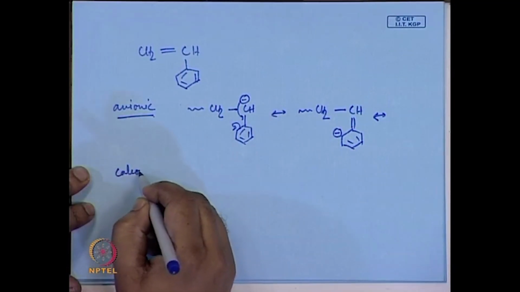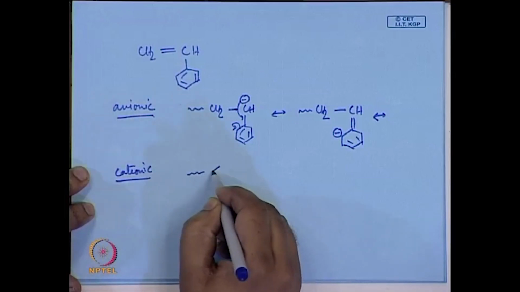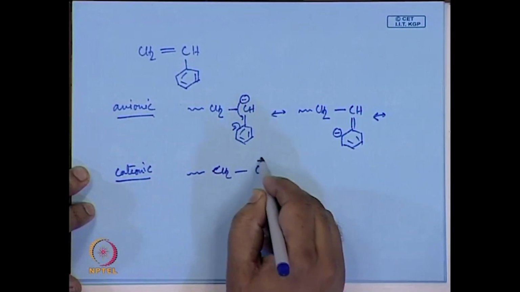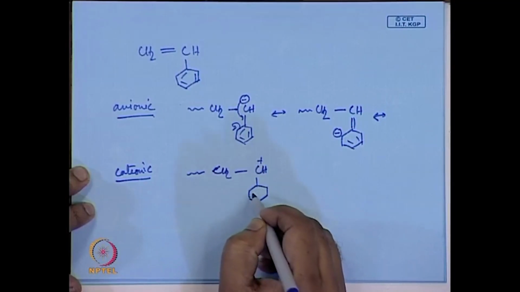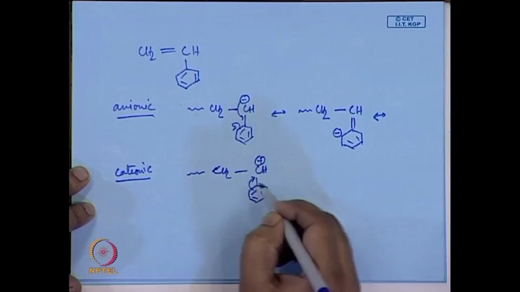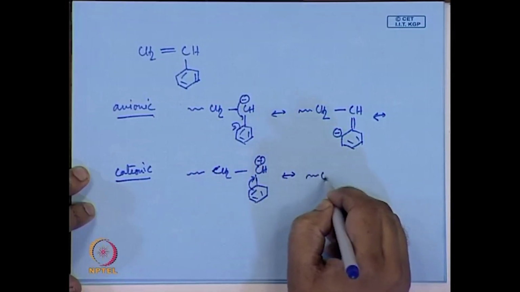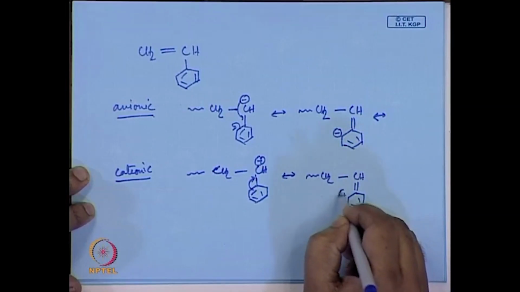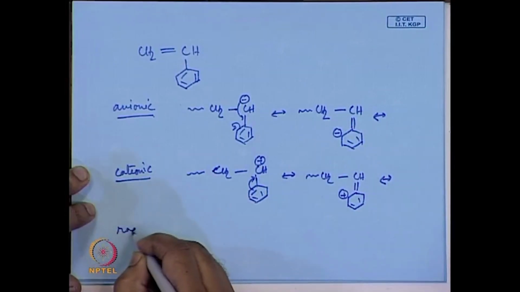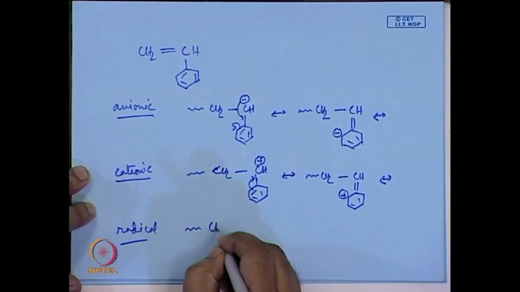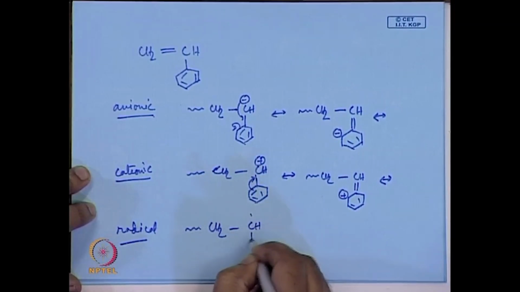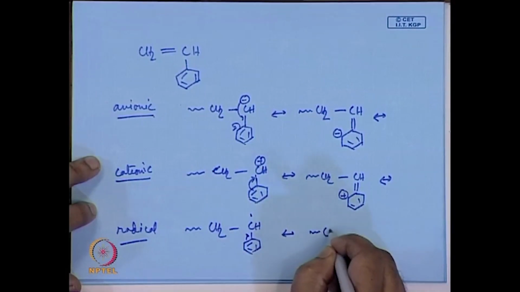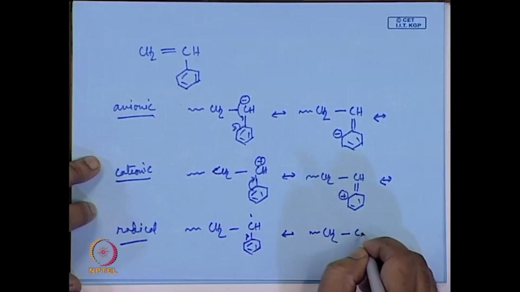If you have a cationic case, and a radical, if you have a radical group, then it can also be stabilized by this substituent group.